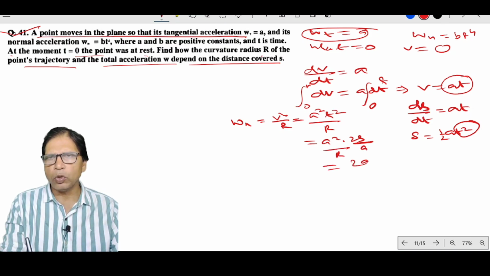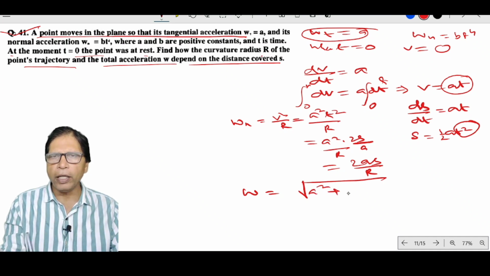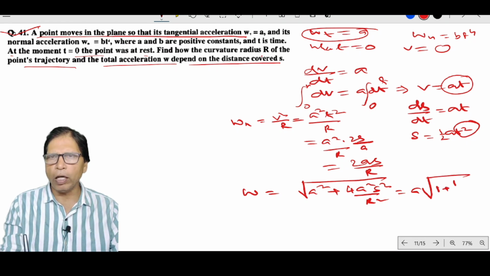Therefore Wn is 2as by r. Therefore total acceleration w is the root of tangential acceleration square plus normal acceleration square, that is a into root under of 1 plus 4 s square by r square.